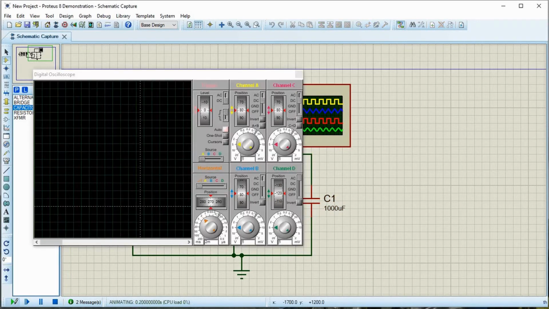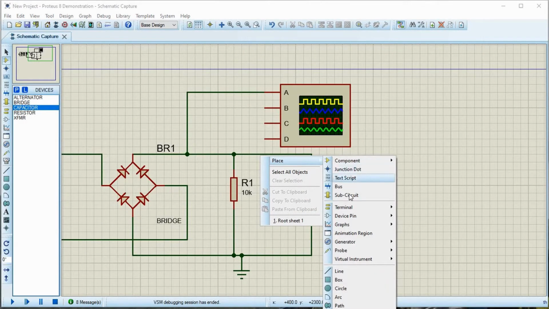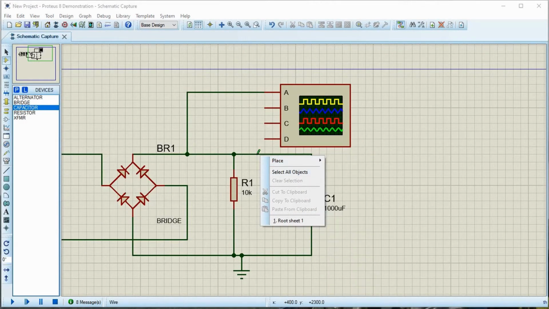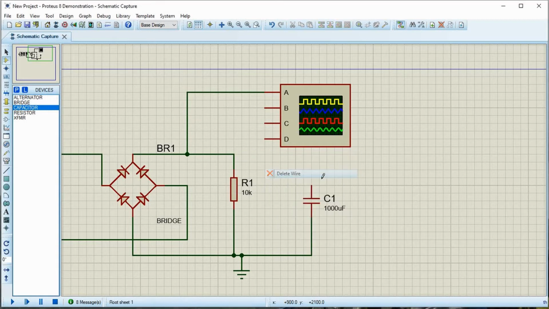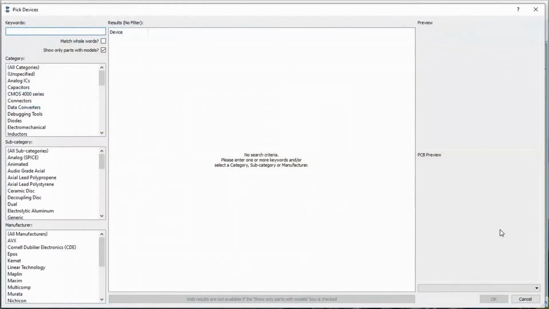So what happens is we can no more see the bridge rectifier output. So what I'll do here is delete it. I'll put a diode.